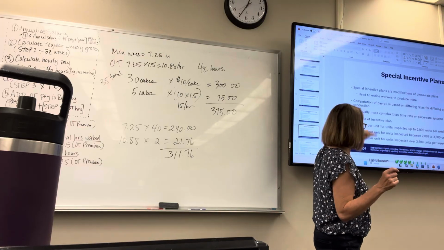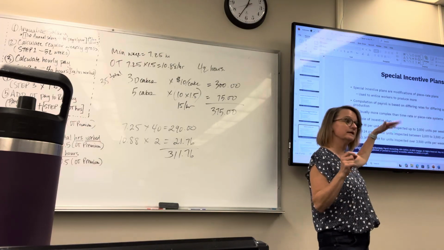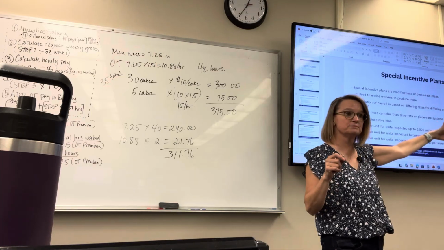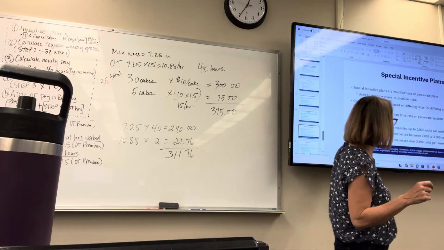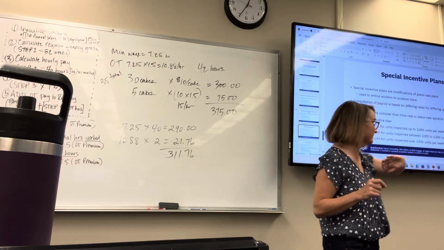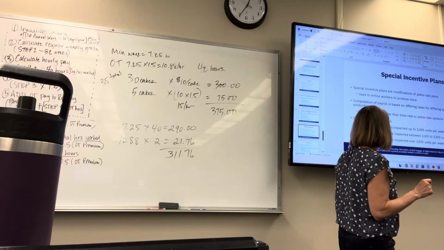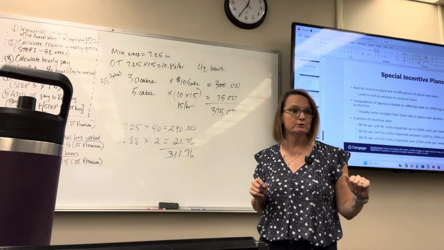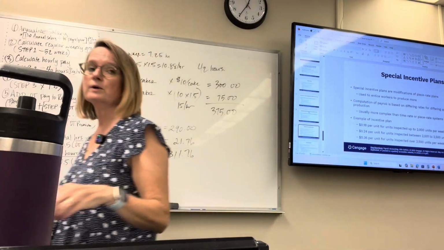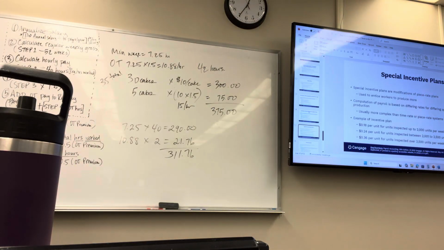So you're getting a 50% increase if you inspect additional units. And then if you inspect even more than 3,500, you're going to get 36 cents per unit. So again, it's to encourage more production from individuals in their pay.